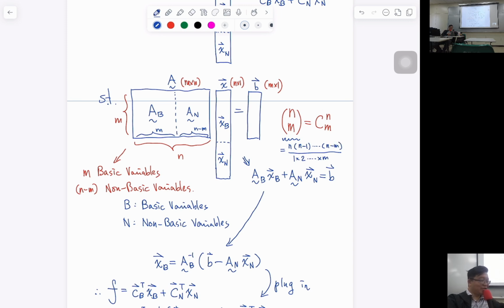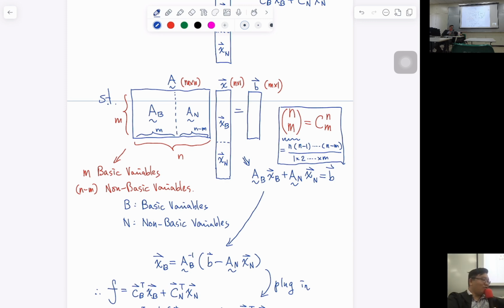Am I right? Right. Yeah. So this is how many possible combinations you have if you are trying to pick the roles of basic and non-basic. There are this many combinations. So linear programming doesn't need to try all of these.